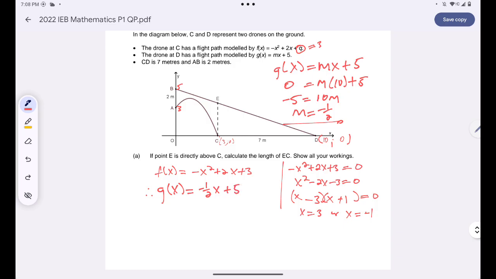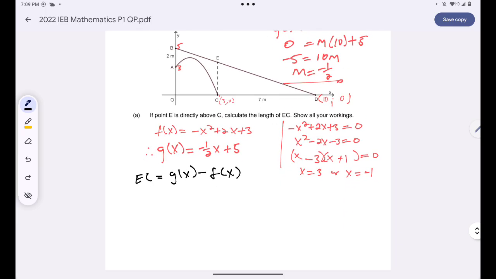Now I must find the vertical distance of EC. The length of EC, the vertical distance, is the top graph g of x minus the bottom graph f of x, and the x value there on that vertical line is equal to 3. But I'll substitute it later. G of x is negative 1 over 2x plus 5 minus negative x squared plus 2x plus 3.